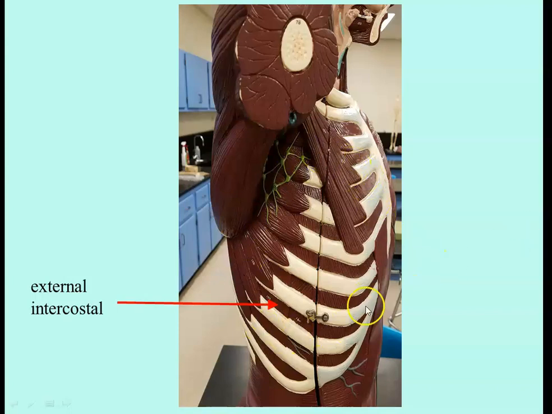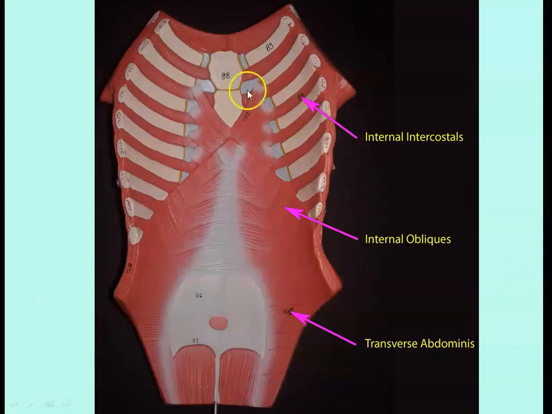So on the big torso guy, here are the ribs. These are the serratus ones, but in between the ribs here, all these right here, those are the external intercostal muscles. And then this is looking on the inside now. We're looking on the inside, anterior part of the muscle. Do you see these are the ribs?